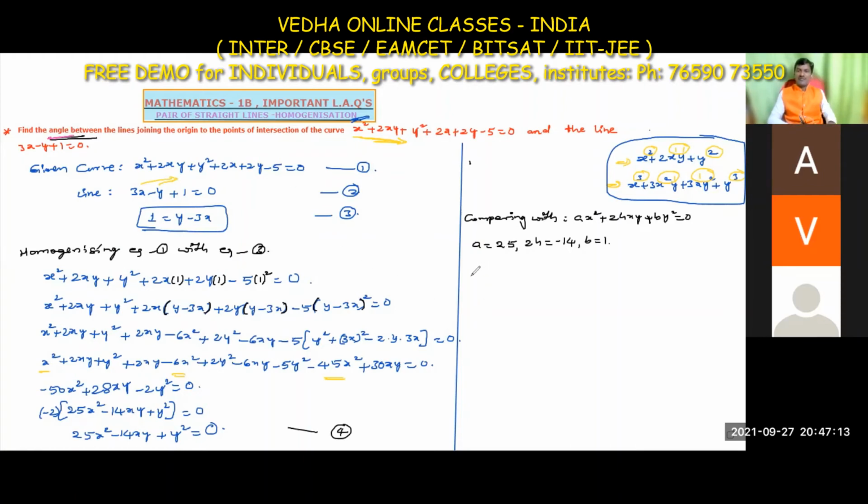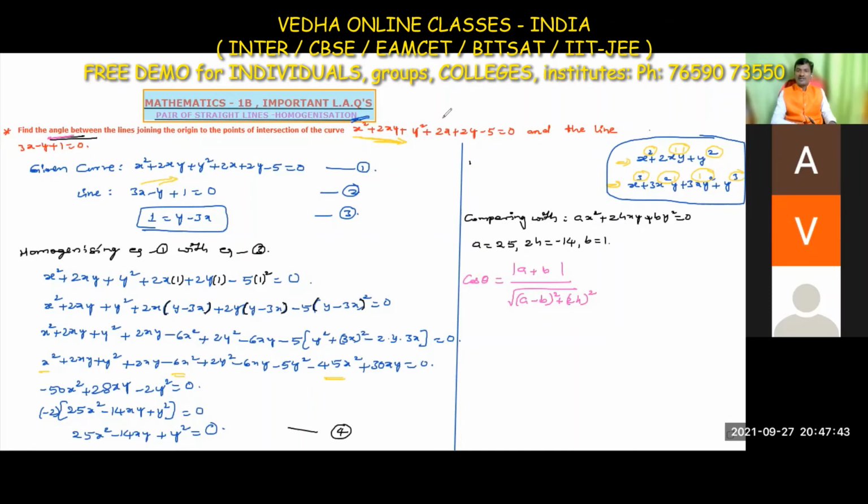Okay, so what is the formula? For finding the angle, cos theta is equal to modulus of a plus b whole, divided by under root of a minus b whole square plus 2h whole square, or 4h square.